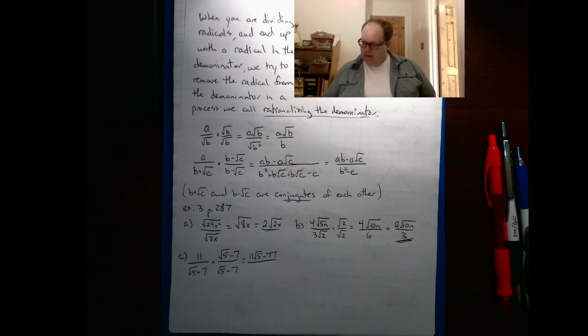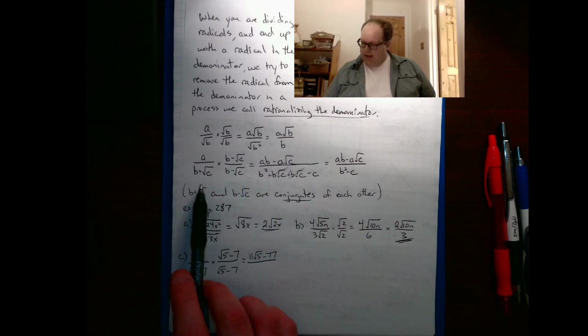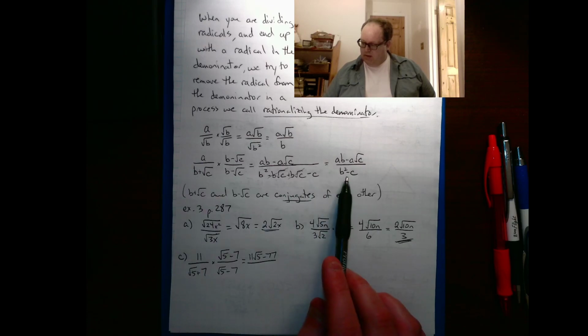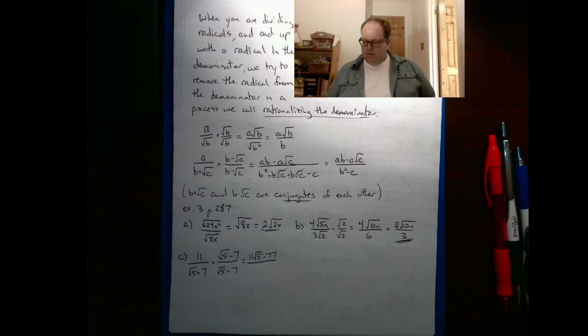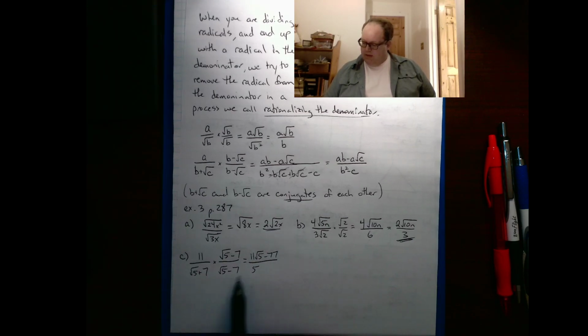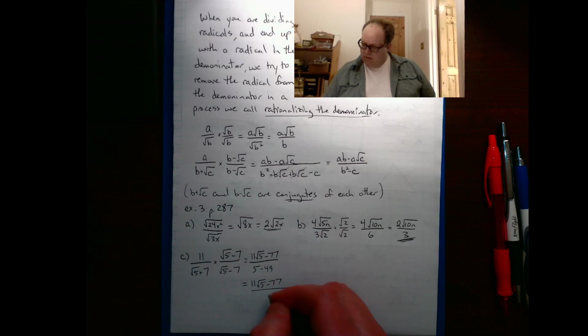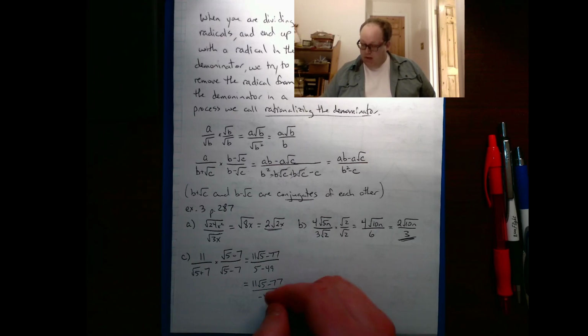My denominator, I end up with the first term squared minus the second term squared. What will that be in this case? Root 5 times root 5 is 5, and 7 times 7 is 49. So that's going to be the same as 11 root 5 minus 77, over 5 minus 49, which is negative 44.